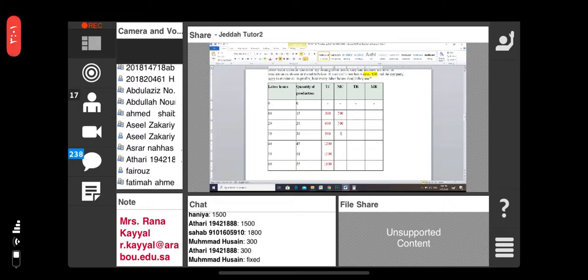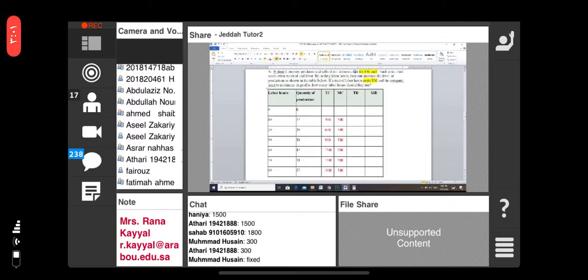Okay, total revenue. Calculate the revenue based on what? Based on the price that I'm selling it at, but as a formula, it is equal to the price times quantity.